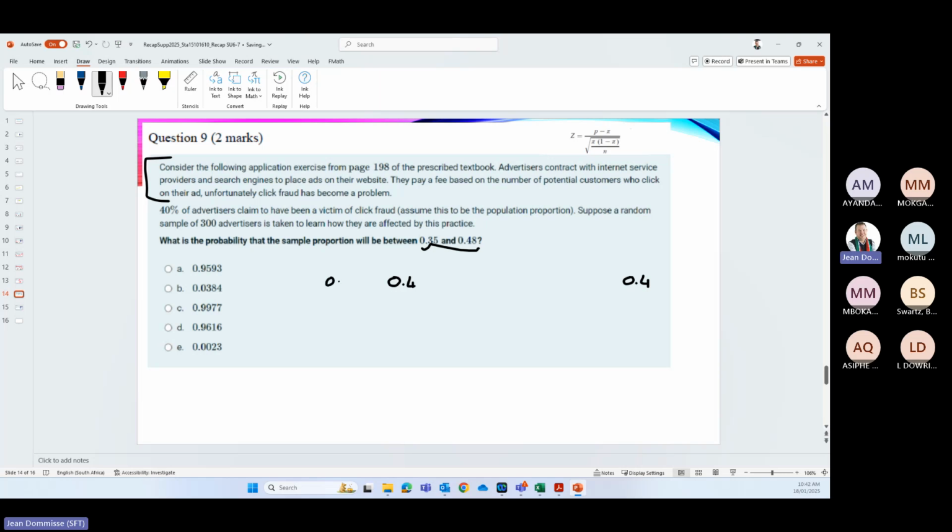So in this one, we're going to say 0.35 minus that. And on that side, we're going to say 0.48 minus that. In both instances, we know that is going to be 0.4. 1 minus 0.4 is 0.6. So that's going to be exactly the same for both. And then our N is a sample of 300.